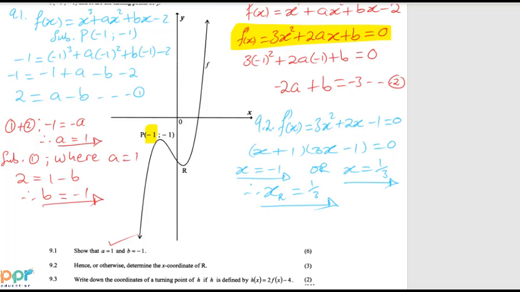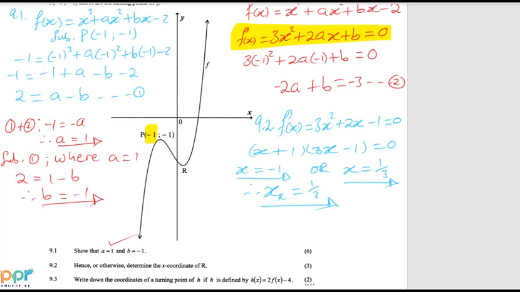The last question says, write down the coordinates of a turning point of h if h is defined by h(x) = 2 times f(x) minus 4. So in other words, we multiply by 2 and then subtract 4. They want us to write the coordinates of the turning point. Now remember this. If we multiply this f(x), we always apply it to the value of y.